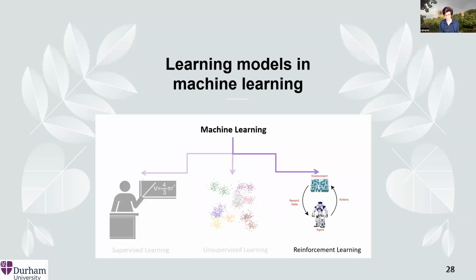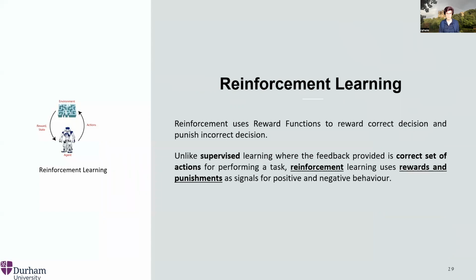Finally, talking about reinforcement learning, the main case is that if you compare it to supervised learning, it doesn't get the set of correct actions. Instead, it just uses rewards and punishments for training.